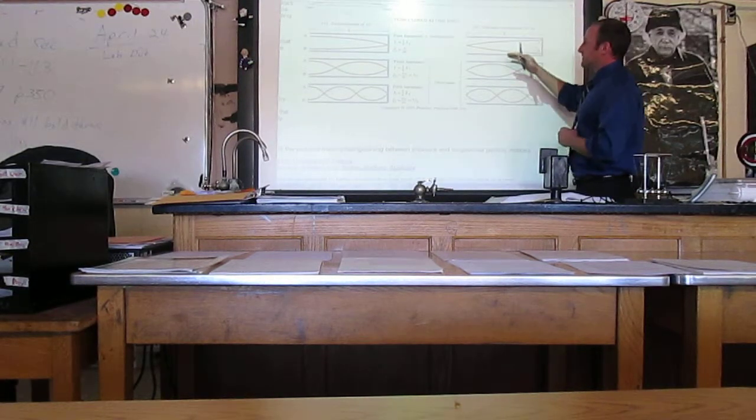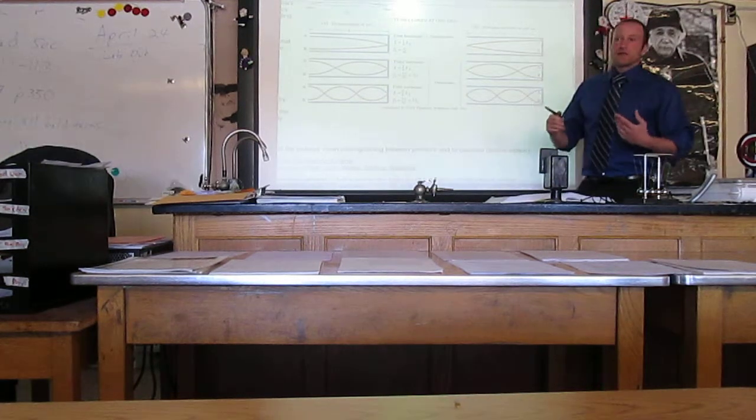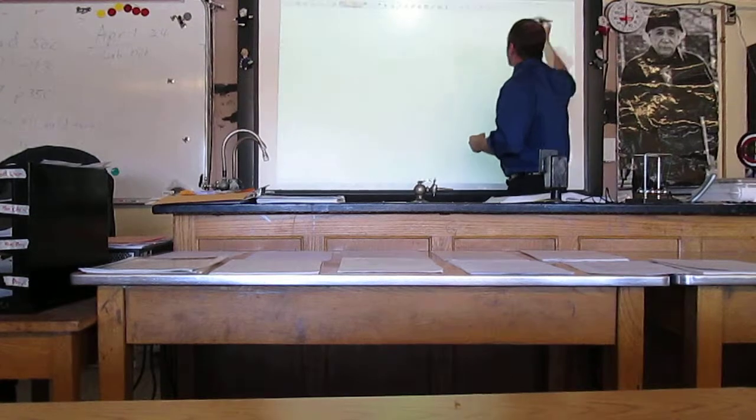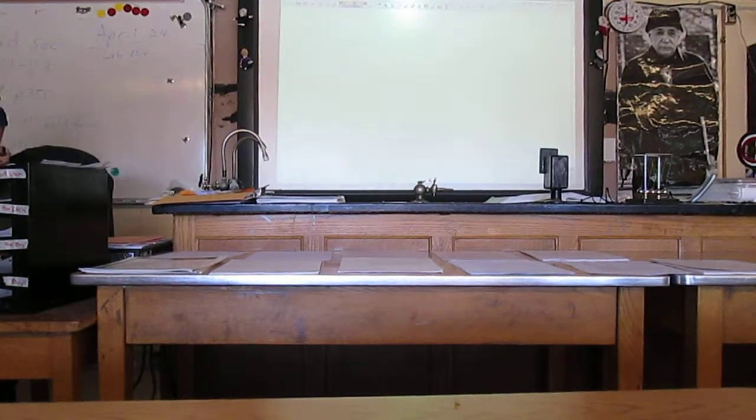So basically I want these drawings, but for the first 6 harmonics that you can have in a closed tube.